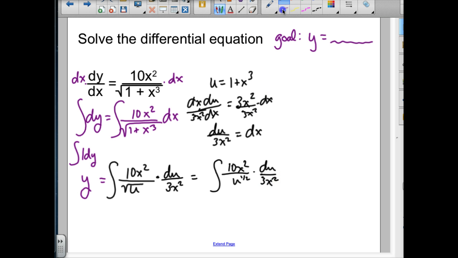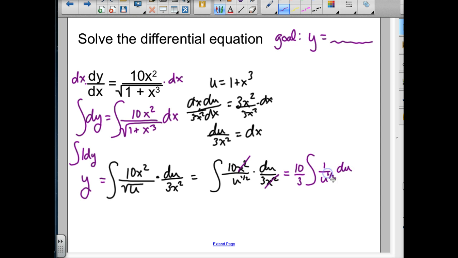Now we're going to simplify, and we want to cancel everything we can. After this step, remember all of our x's have to be canceled, not necessarily the constants. So that constant we can pull out, the 10 and the 3, the 10's on top, the 3's in the denominator, keep them where they are, and I have 1 over u to the 1/2 du.